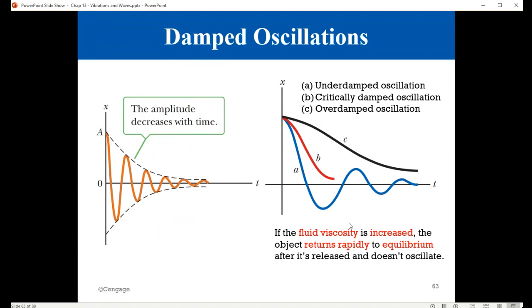We have several situations. This is simple damping for the oscillation. Here we have what we call underdamped oscillation. Here we have what we call a critically damped oscillation, and here what we call overdamped oscillations.